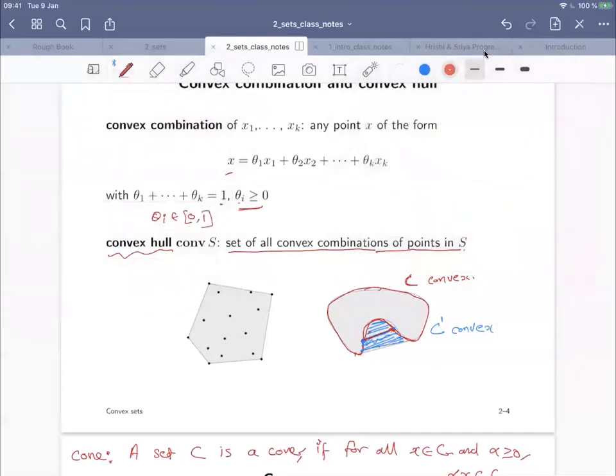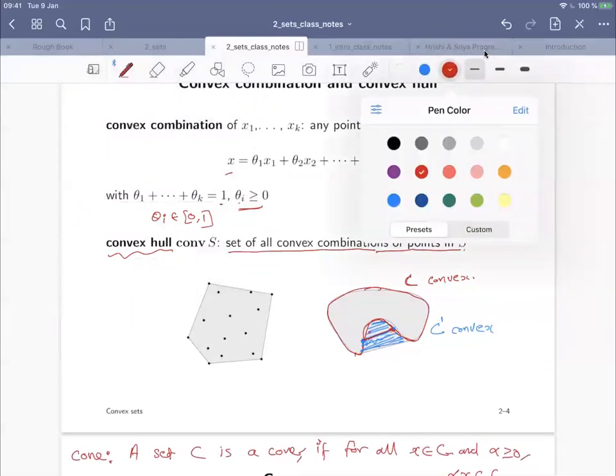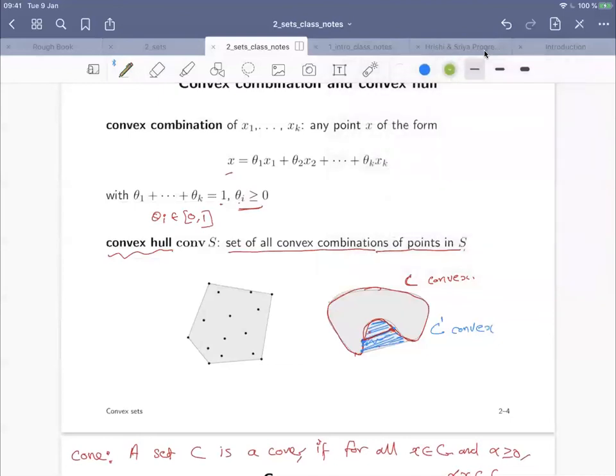You can visualize this in 2D as taking a rubber band and putting it around the set like this, right? When you put a rubber band, it will take this form. If you take another example, let's consider this set here.